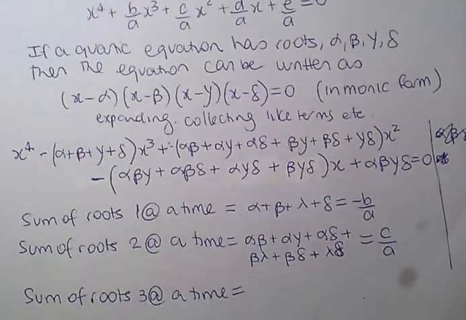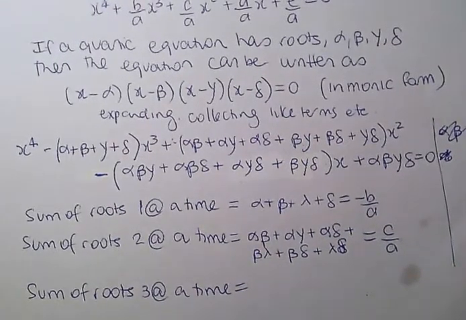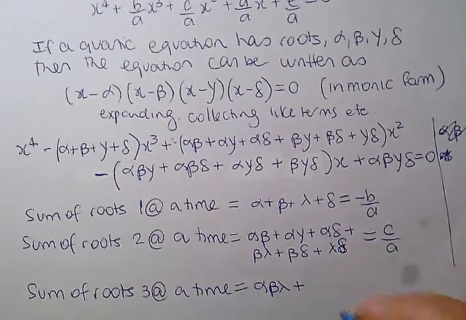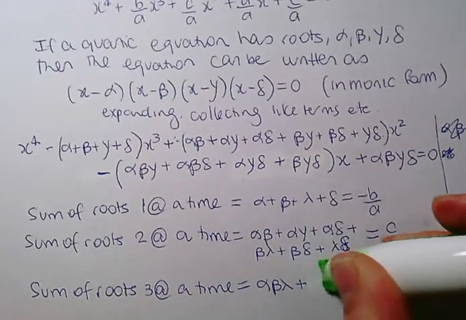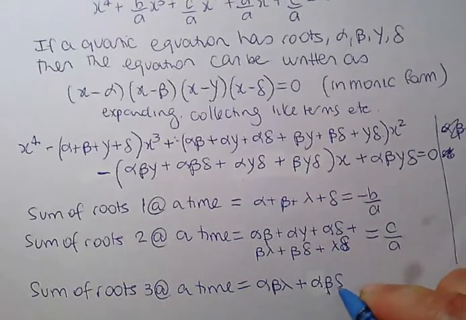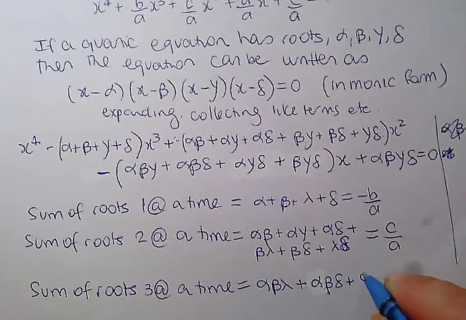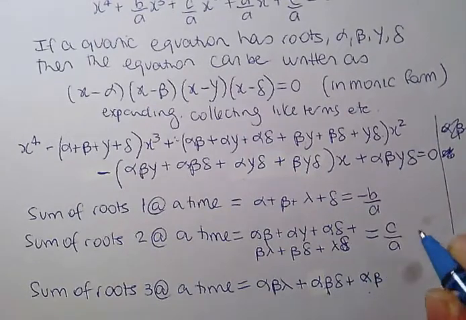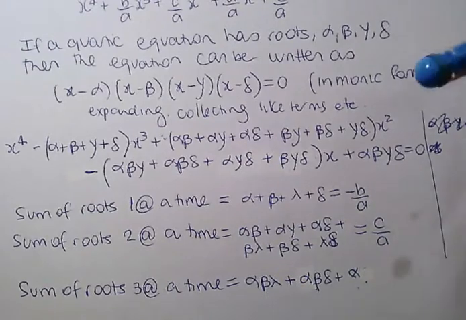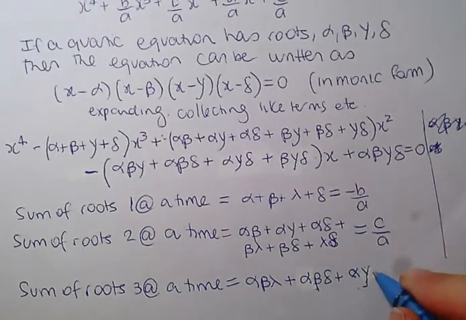Then we've got sum of roots 3 at a time. Now, these are all the combinations of alpha, beta, gamma, delta. So we've got alpha, beta, gamma, I've missed delta, plus alpha, beta, delta, plus alpha, gamma, delta.